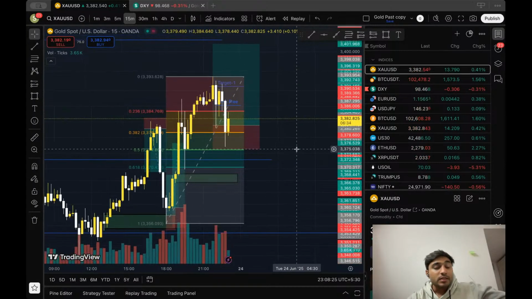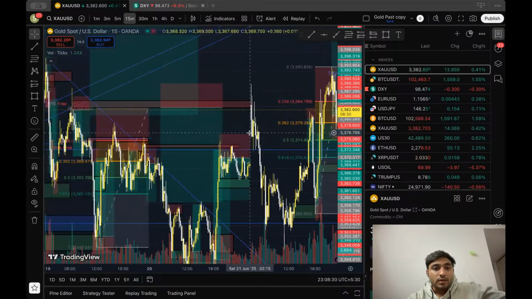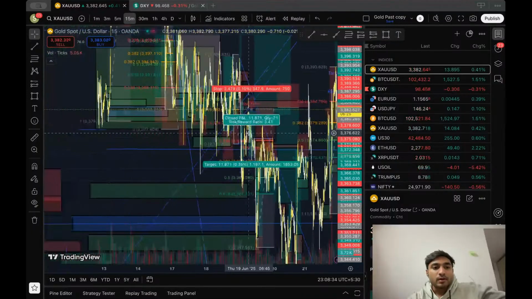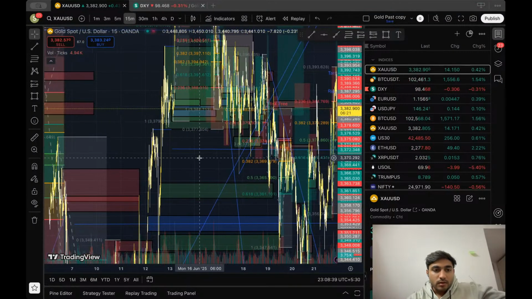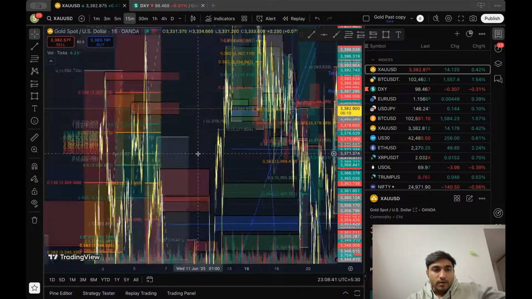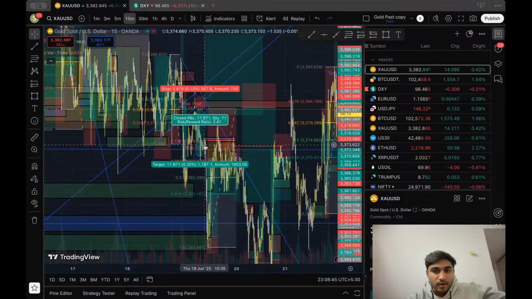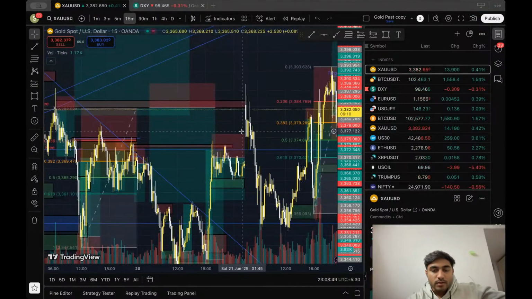The 75 level is a very good level because there was a buying that happened a couple of days ago, if you remember, this one. It's a pretty good buying. I remember the 375 level being tapped, and there was a move from there.